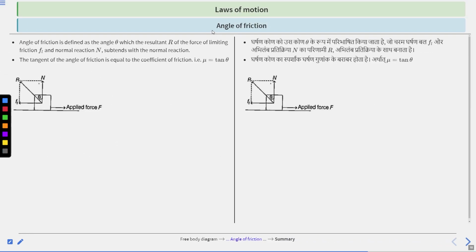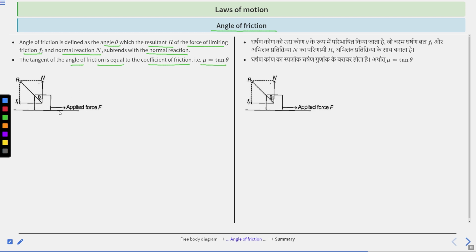Next is angle of friction. Angle of friction is defined as the angle theta which the resultant R of the limiting friction Fl and normal reaction N subtends with the normal reaction. The tangent of the angle of friction is equal to the coefficient of friction, mu equals tan theta.